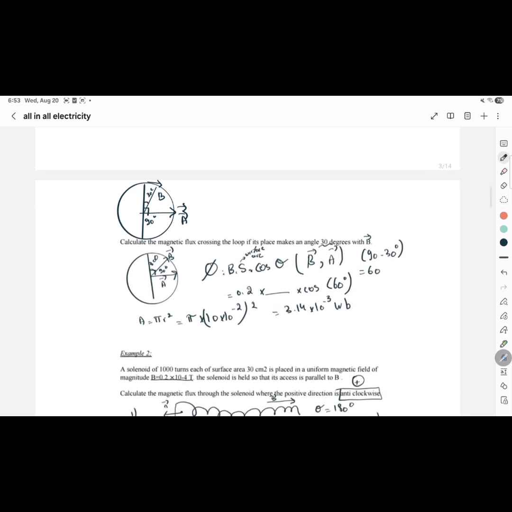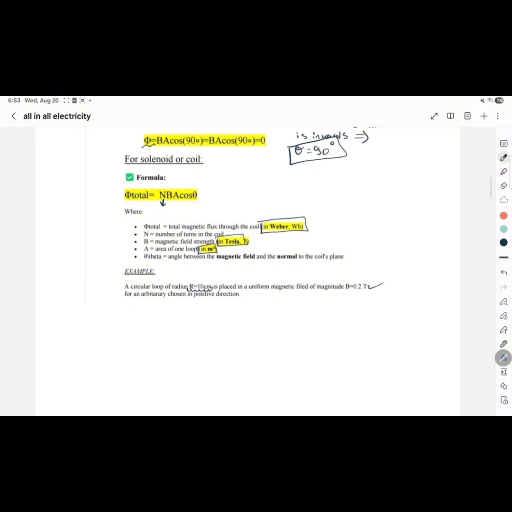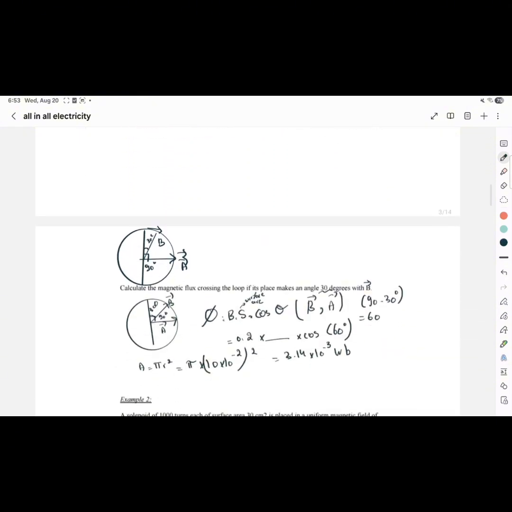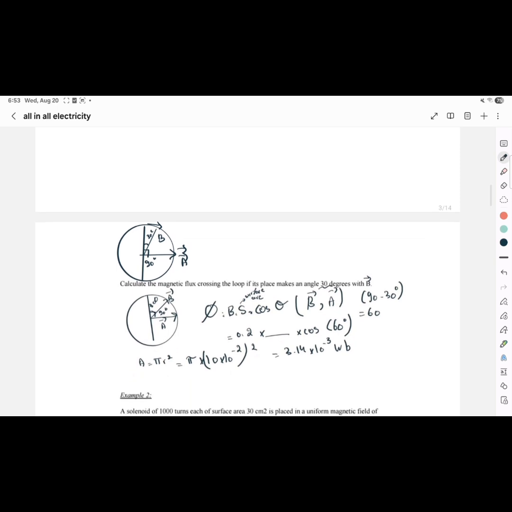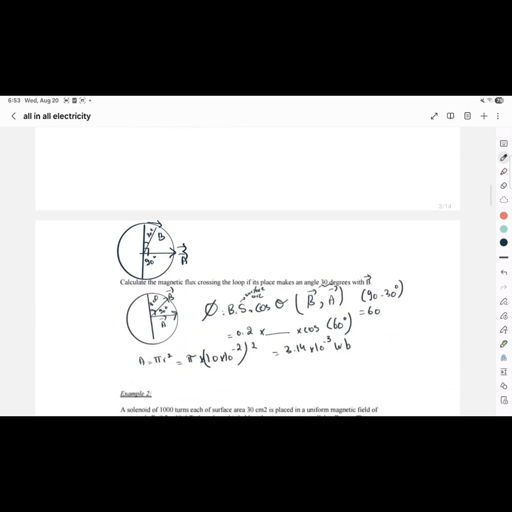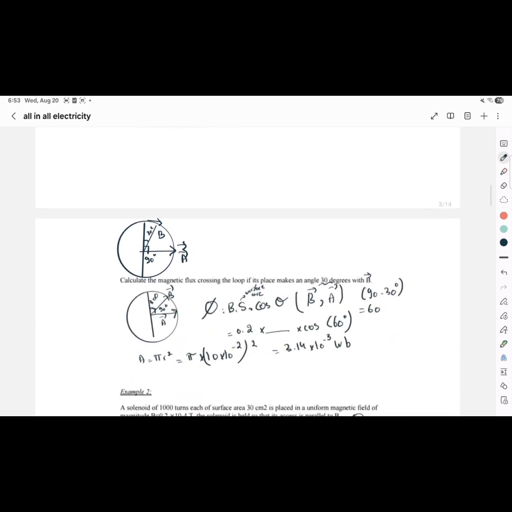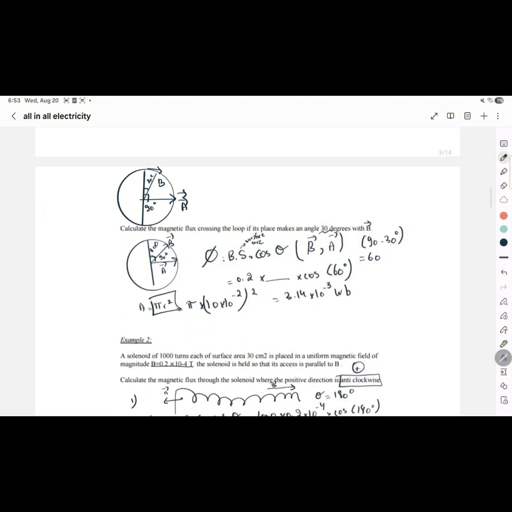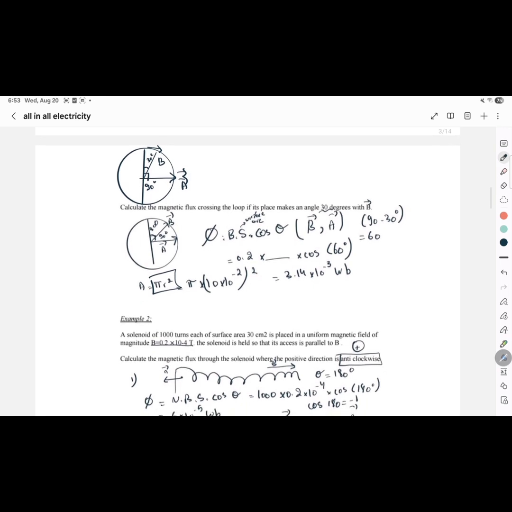So that's how we calculate it. And what we have given is the radius R, and we calculate the surface area, which is pi r squared. That's the area for a circular loop.